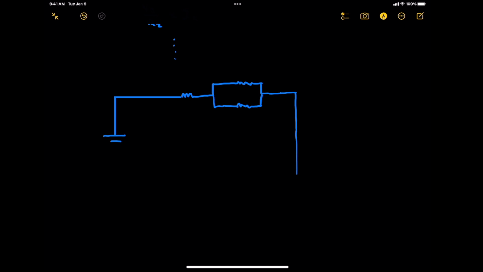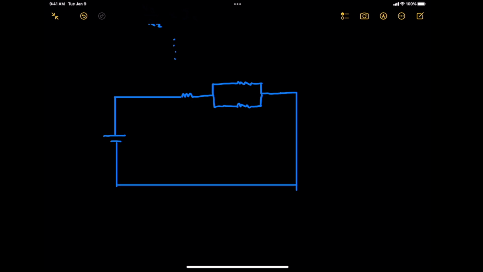So, we have our voltage source here. We have our 5 ohms here. We have our resistor here, resistor down here. It joins together. All right, goes down. There.